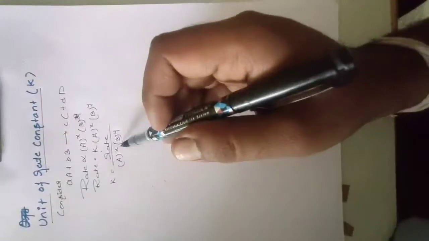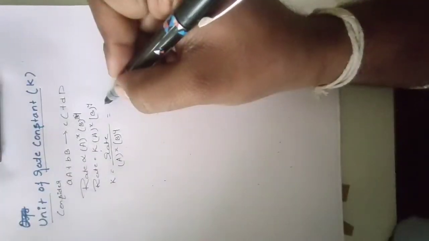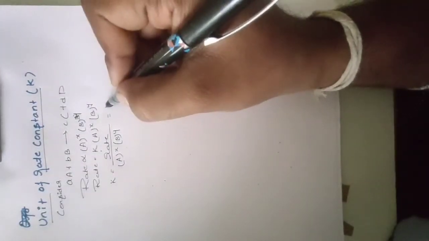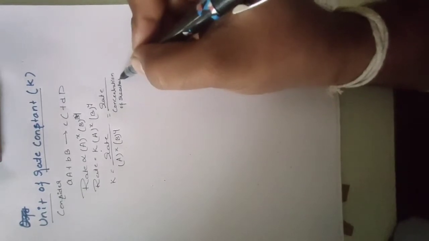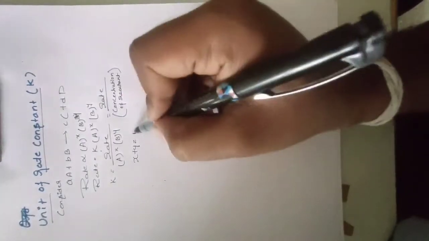A and B are the concentrations of the reactants. So we can write k equals rate divided by concentration of reactant to the power x plus y. We already know that x plus y is equal to n, so I am substituting n.